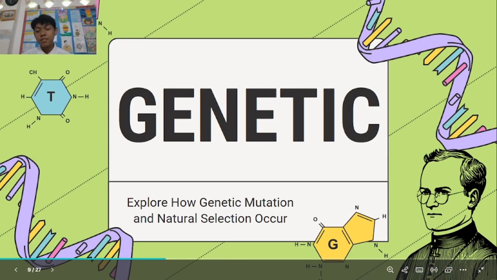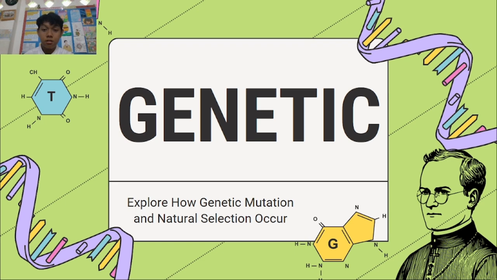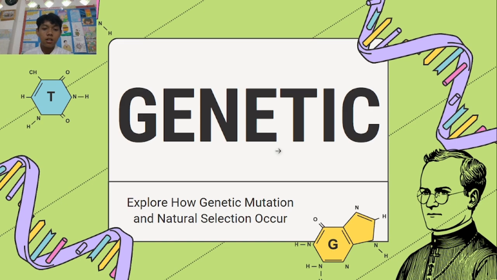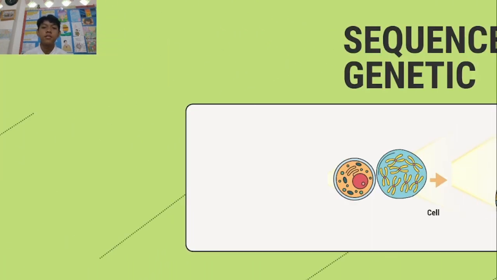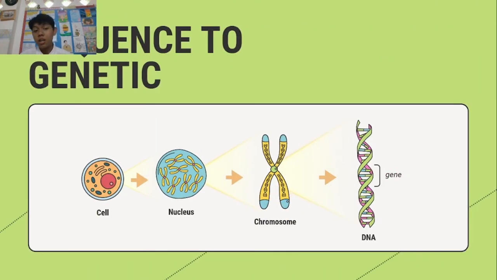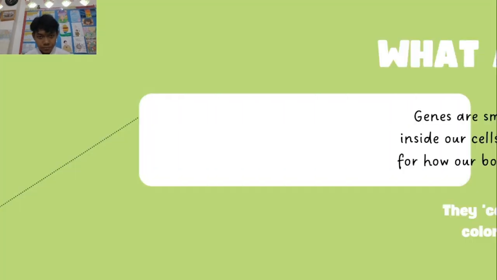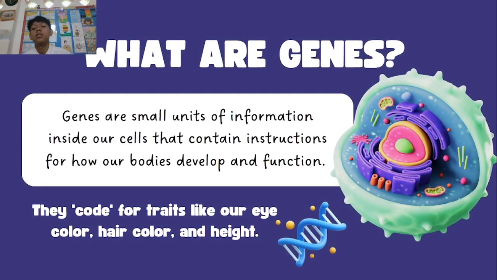And topic jump, genetics. The sequence in genetics goes from the cell, the nucleus, and becomes the chromosome.